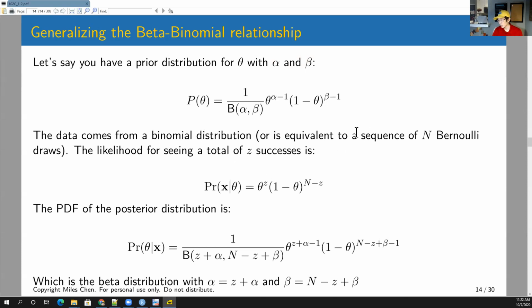So if you have a total of z successes and n Bernoulli draws, your likelihood is going to be theta raised to the z, 1 minus theta raised to the n minus z.